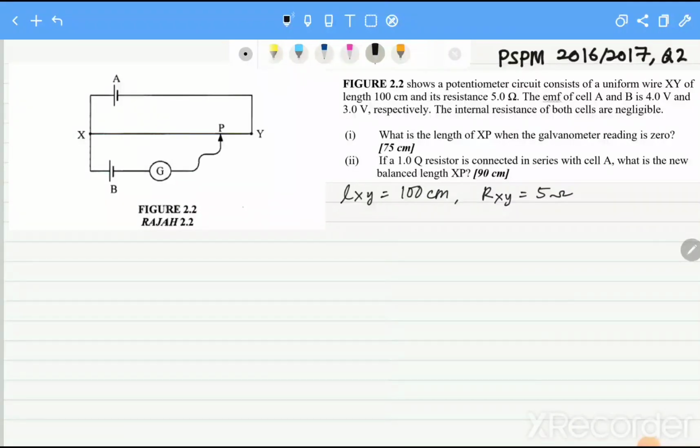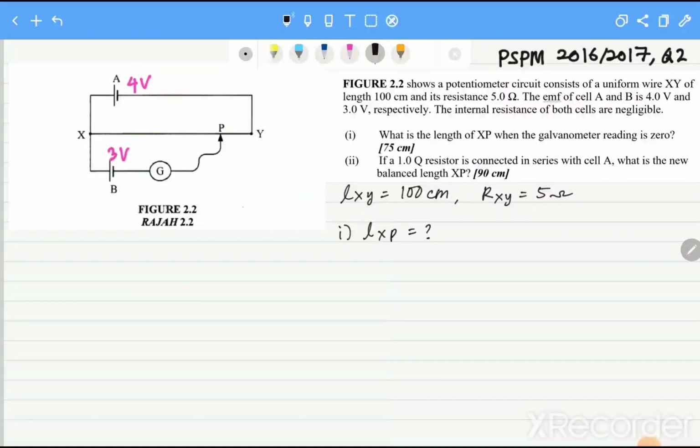The EMF of cell A and cell B is 4 volt and 3 volt respectively, so we label EMF A 4 volt, EMF B 3 volt. The internal resistance of both cells is negligible. Question number 1: what is the length of XP when the galvanometer reading is 0? So we want to find LXP.